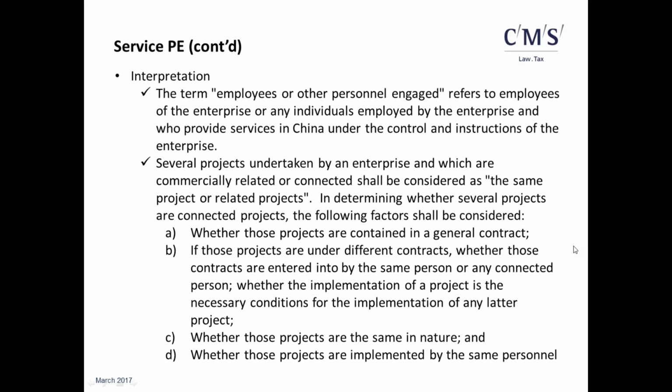That means this personnel may not be a formal employee who has a formal labor contract with the foreign enterprise. For example, it can be an independent service provider, but hired by the enterprise.